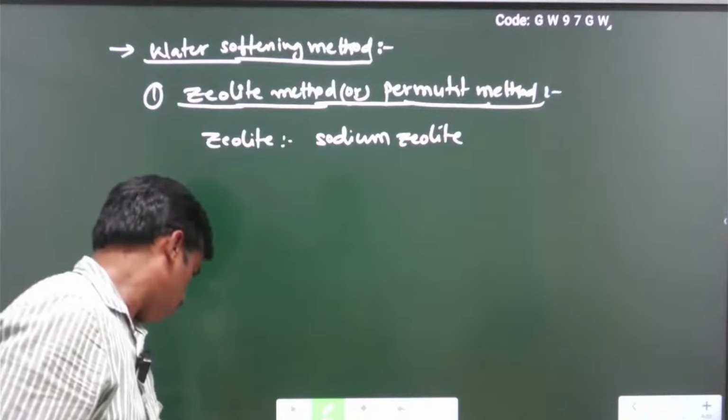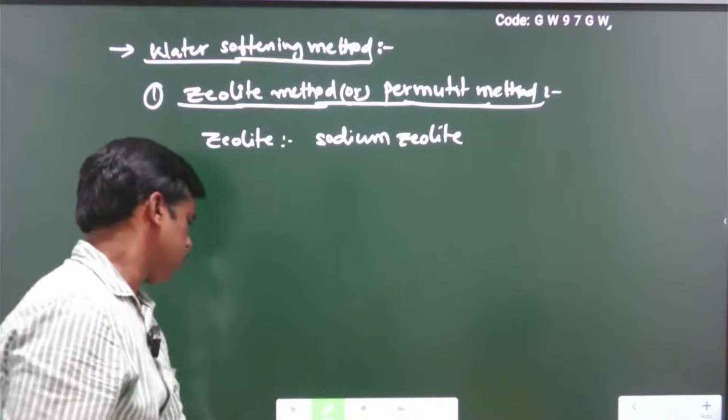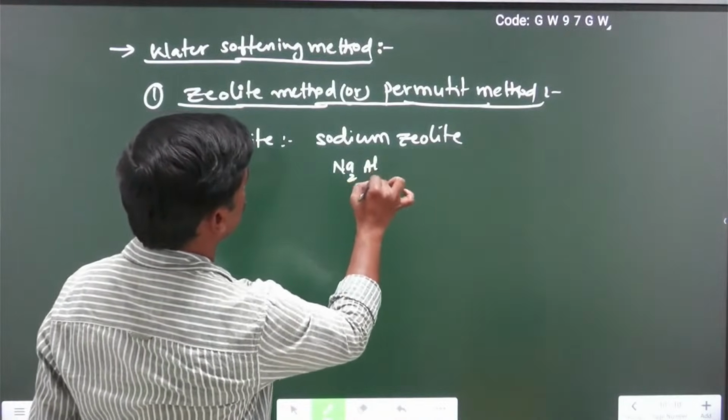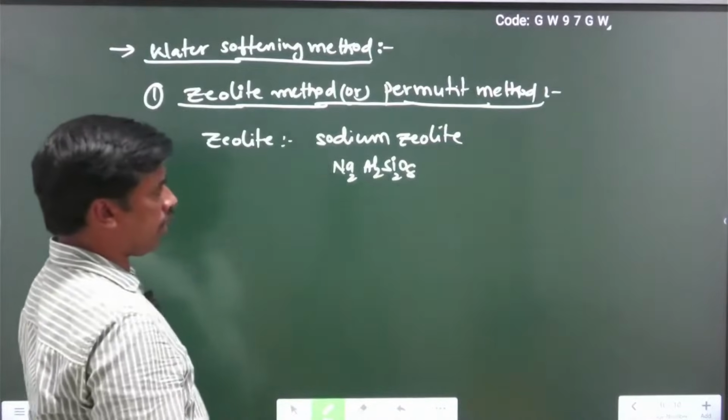What exactly is sodium zeolite? Na2Al2Si2O8, sodium zeolite.